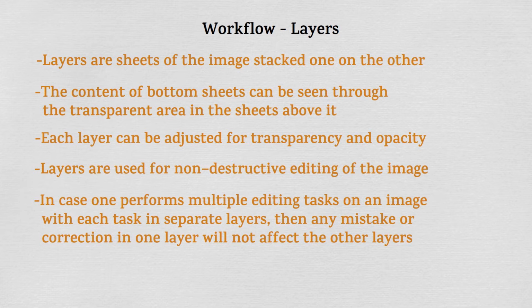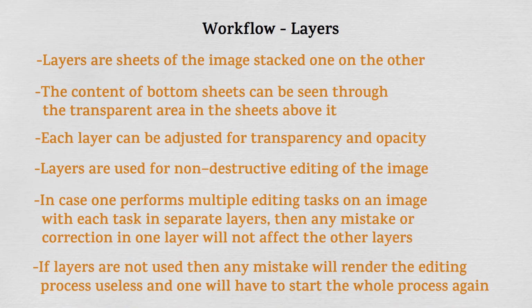So it means that if you have done 10 different editing tasks and suppose your fourth or fifth task is wrong, or you don't need that task, you just have to remove that layer without starting from scratch. If layers are not used, then any mistake at any point of processing will render the whole processing useless and we'll have to start the whole process from the beginning.